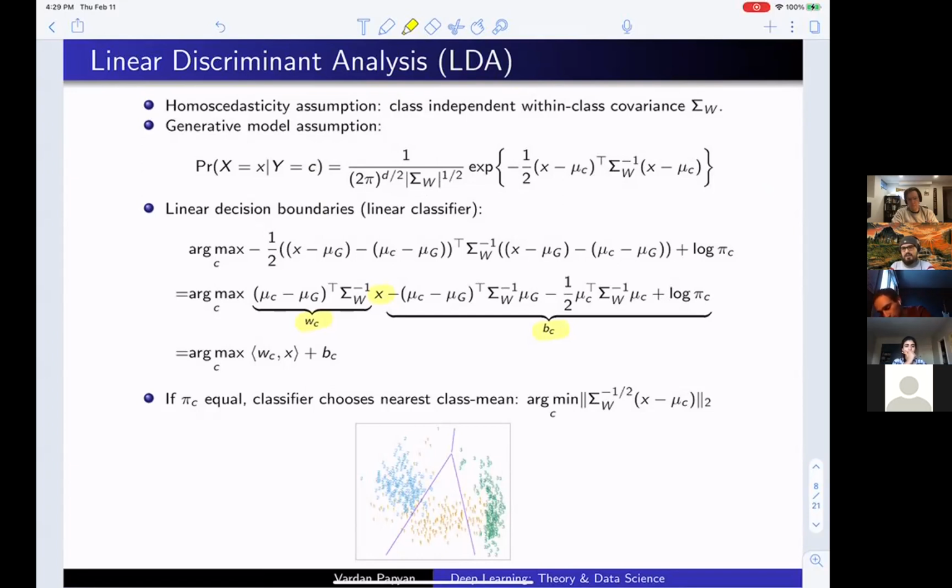So if you remember last lecture, we started this course by talking about deep networks, right? Deep networks are multi-layer nonlinear classifiers. That's 2020 or 21 at this point. Then we went back to the 1940s and we talked about logistic regression. And now I'm taking us even further backwards to the 1930s, and we're talking about linear discriminant analysis.